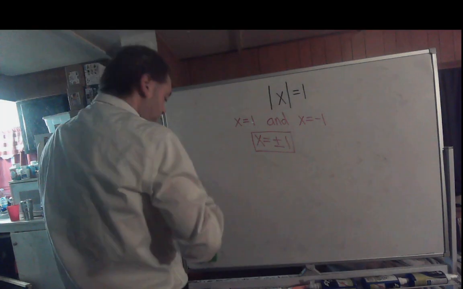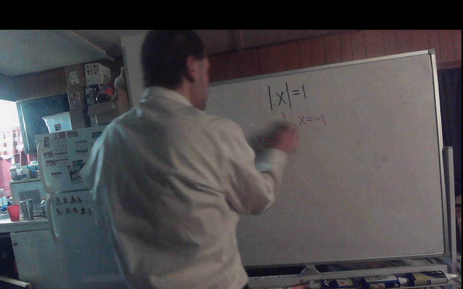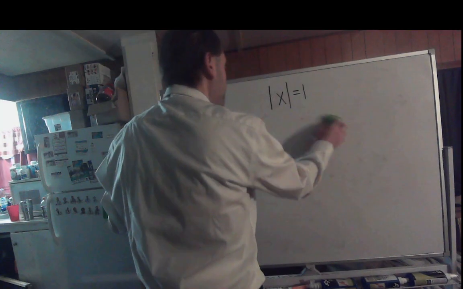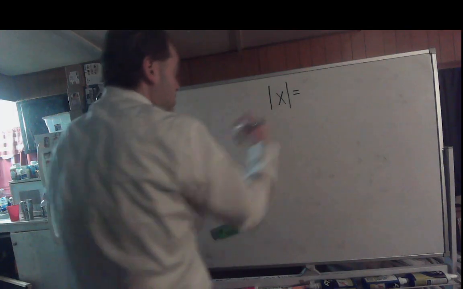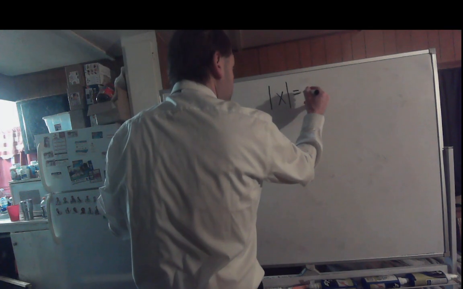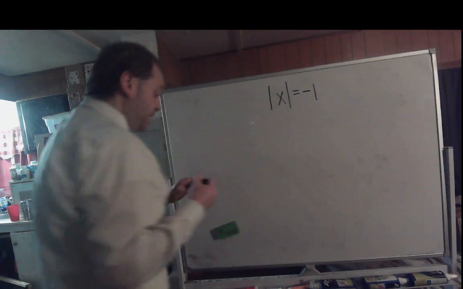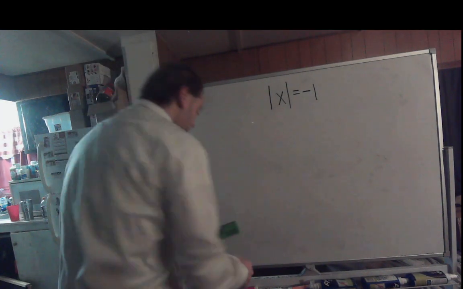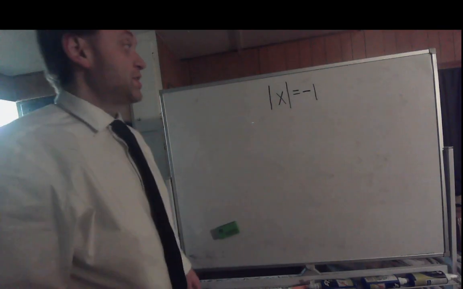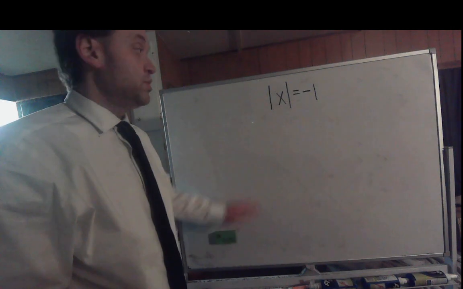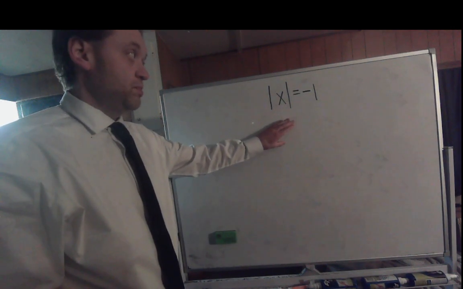Pretty simple for that. Now, what if I threw at you, I'm just going to change this slightly. What if I gave you the absolute value of x equals negative 1? Well, if you think about it with the absolute value, you will never get a solution where it's negative.